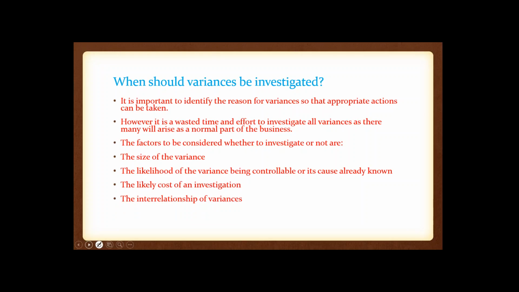Then interrelationship of variance. Some of the variances happen because there's an interrelationship. You have bought some low quality people, labor at a cheaper rate, and therefore the efficiency has dropped. So you will probably have a favorable labor rate variance, but adverse efficiency variance.